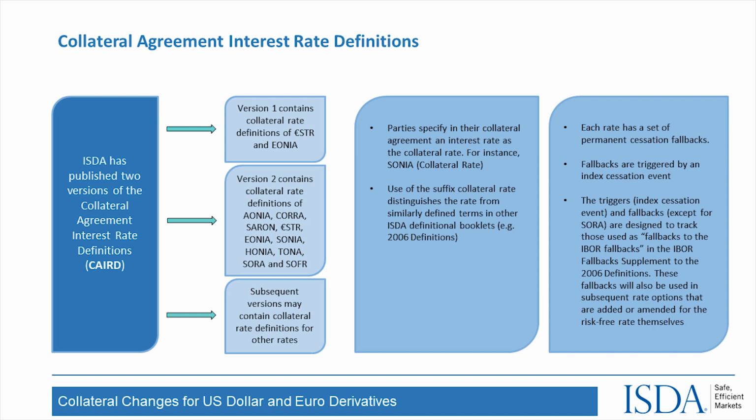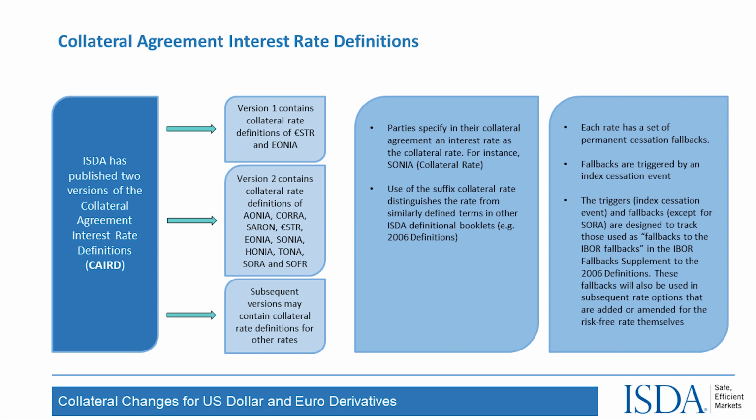So in total, with these additional 8 collateral rates and the 2 collateral rates which were in version 1, there's now 10 collateral rate definitions covering 9 different currencies. Now that's what is covered so far in version 2, but subsequent versions of these collateral definitions may be published to contain other collateral rates following member demand.